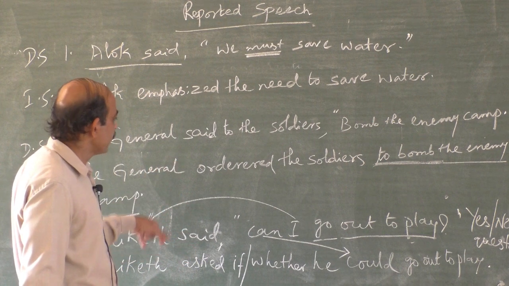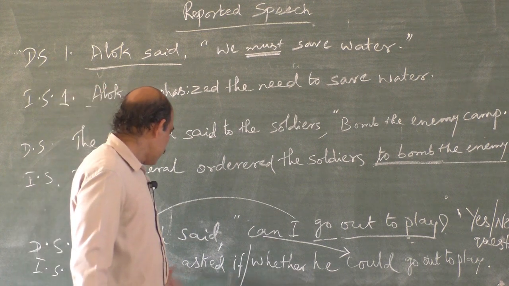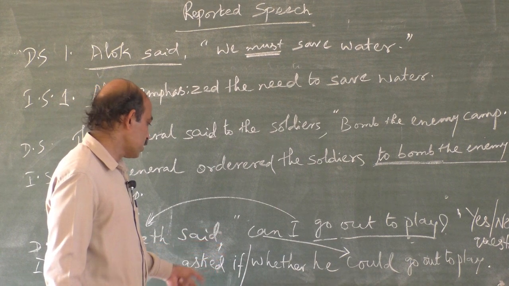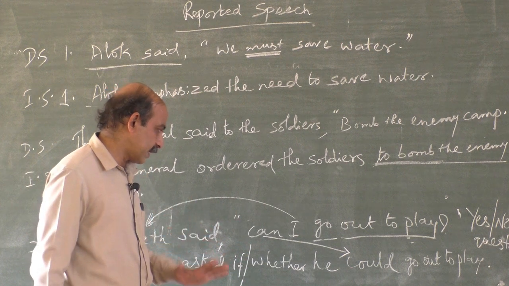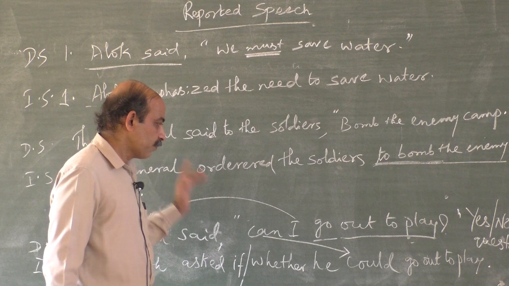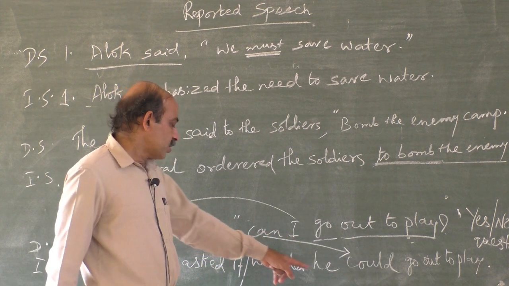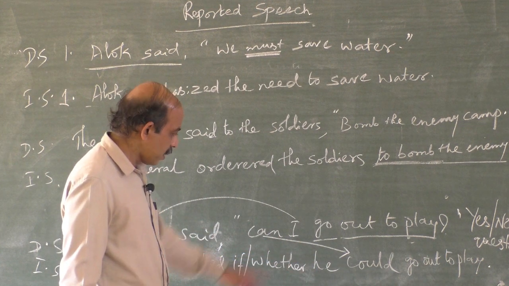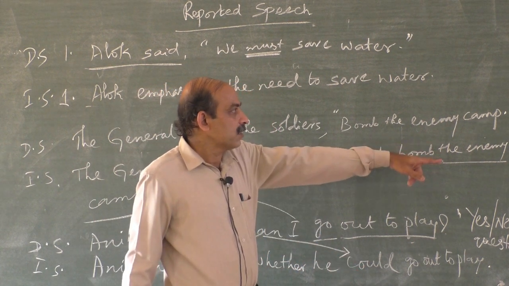That is why here I stress it very forcefully that when you change direct to indirect of all yes or no questions, remember this conjunction, if or whether, is compulsory, and that shows that it is a yes or no question. And "I" is changed to "he" because it is Aniket, the boy, the male, and that is why masculine gender. Can changed to could, I have already told you.